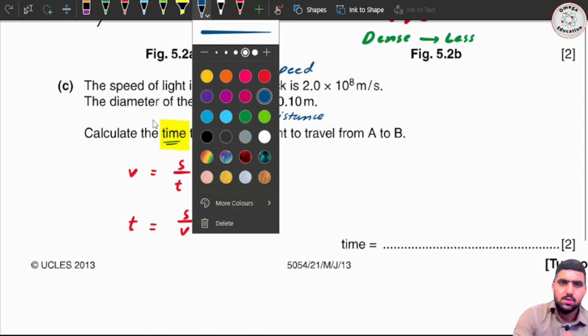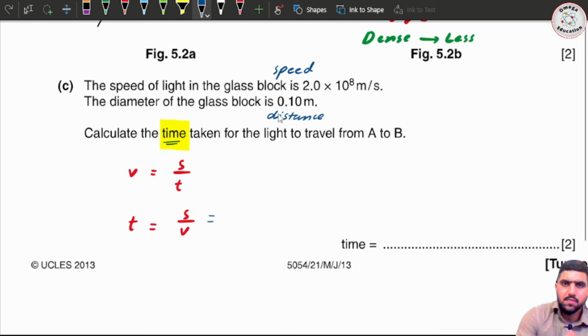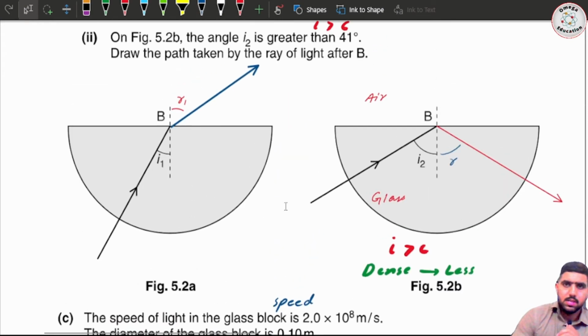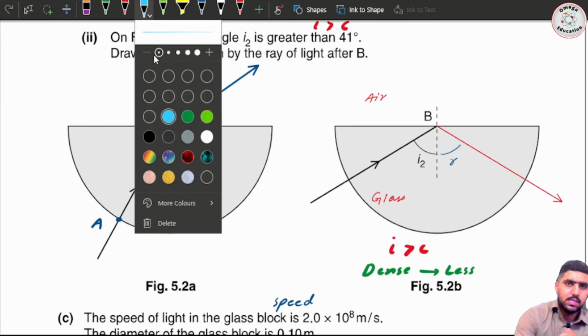The diameter of the glass block is 0.10 meters. Calculate the time as it travels from A to B. So let's take a look. The light enters at point A and leaves the glass block at point B. For this semicircle, the distance from point A to B would be the radius of this circle or semicircle.